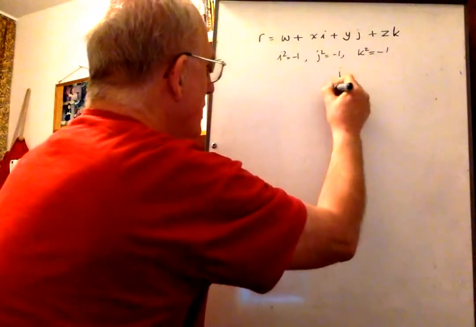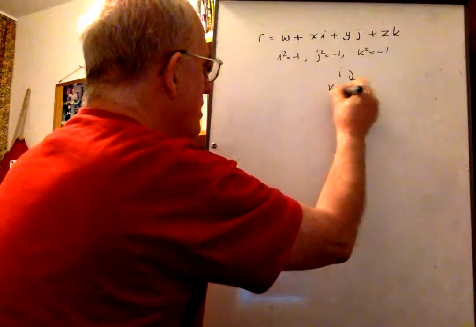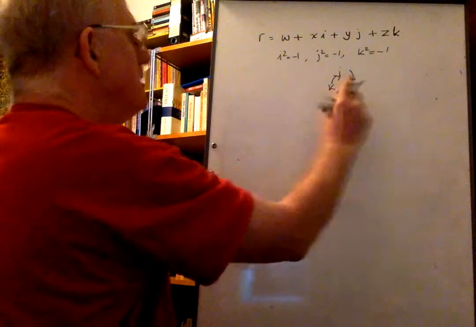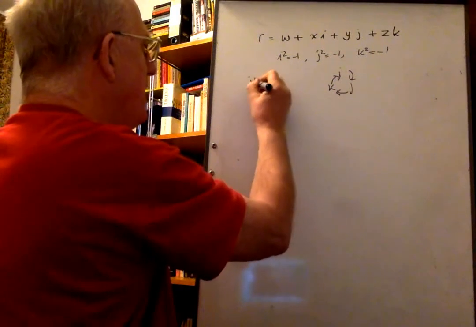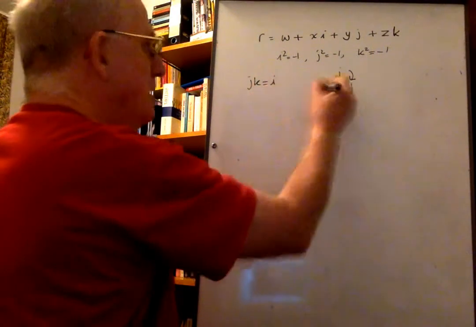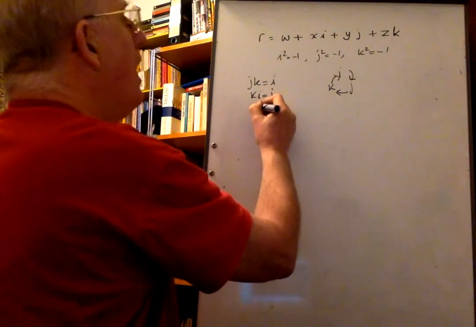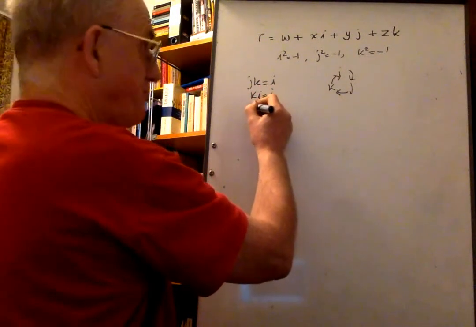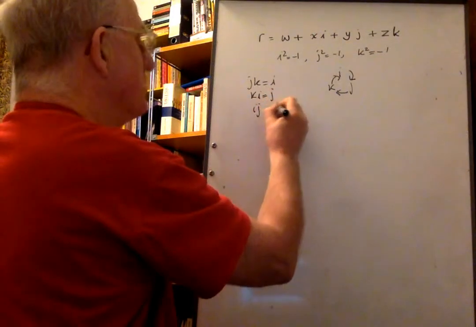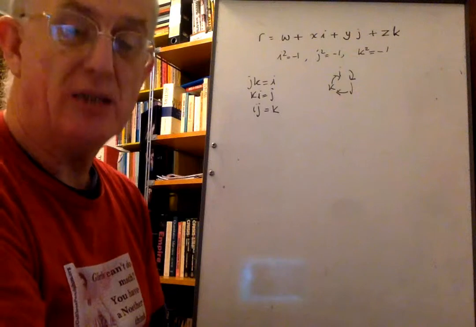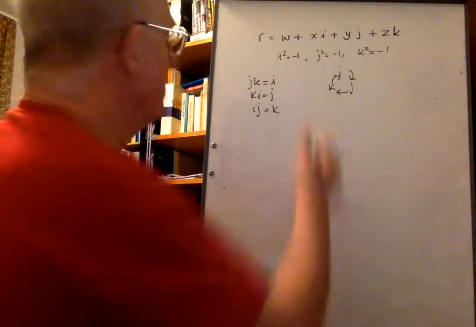You draw a little circle like this, and clockwise you come to the next one. So jk is equal to i, ki is equal to j, and ij is equal to k. But if you go in the opposite direction, you get a negative result.